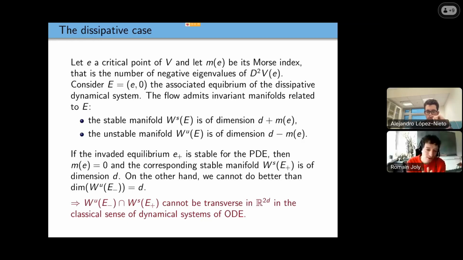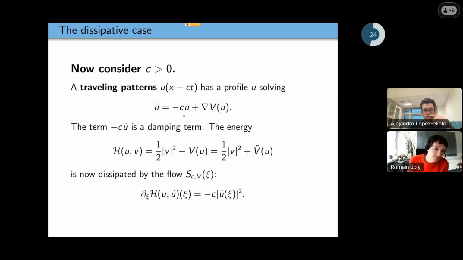The reason is that when you consider the ODE, the speed C is fixed. So you have an ODE like this, and you fix the speed. In this case, you know that traveling patterns are not robust, because you expect that when you slightly move the potential, for example, your traveling front will stay, but maybe the speed will slightly move. For the ODE, it just disappears, because the speed is fixed in your ODE.